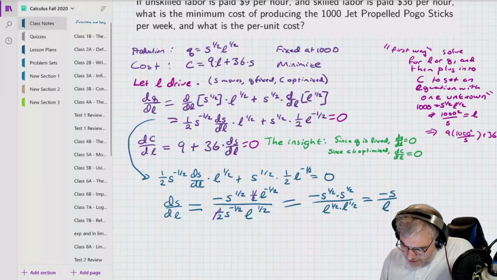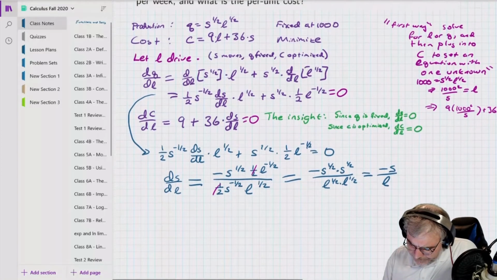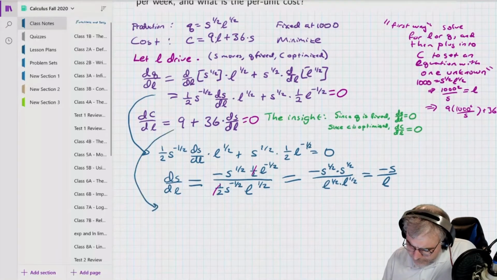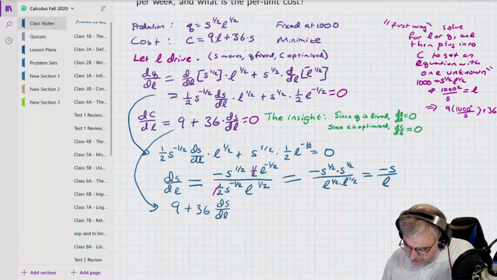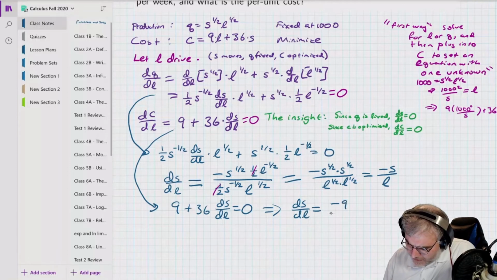So now I have this equation here. It gives me that 9 plus 36 dS over dL equals 0. And that gives me dS over dL equals, so I move this over there, negative 9, and then I divide by the 36. And that gives me negative 1 over 4.